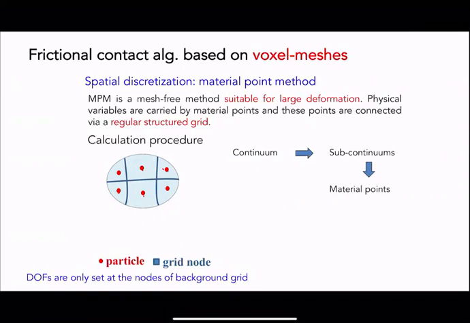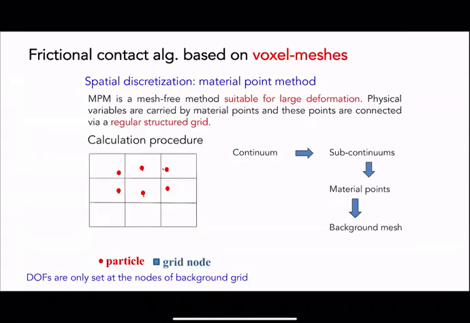So we create a point set to carry the information, and from the material point, we subject that material point to the background mesh. The background mesh can be solved with finite elements, maybe with classical linear low-order basis functions. But the integration point can be just the material point or some kind of projection of the material point.